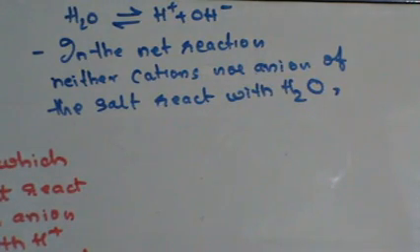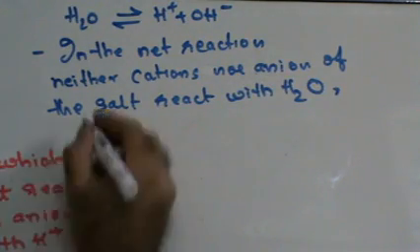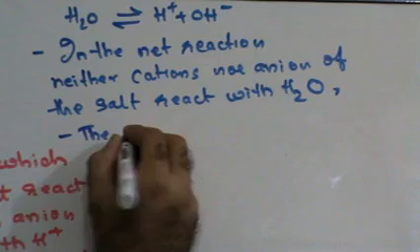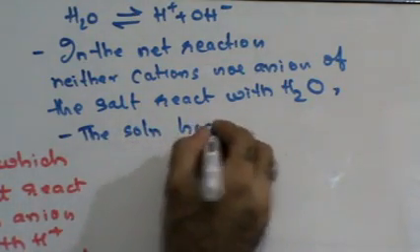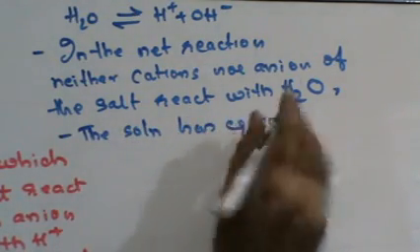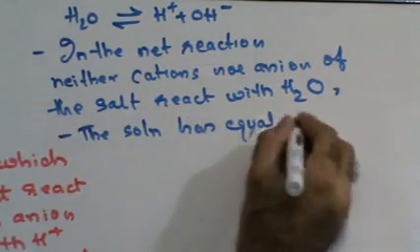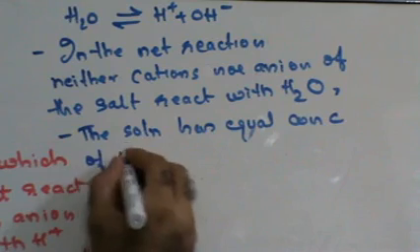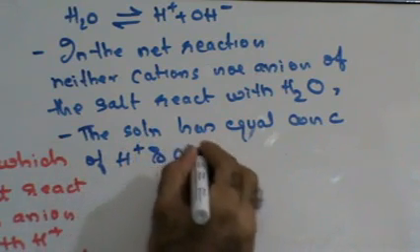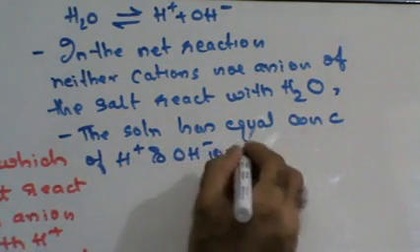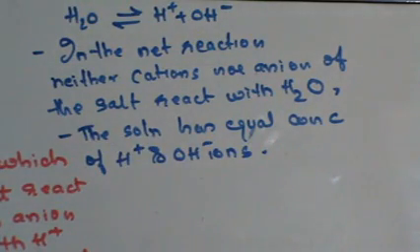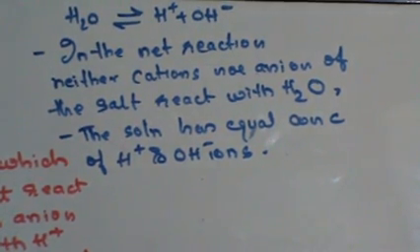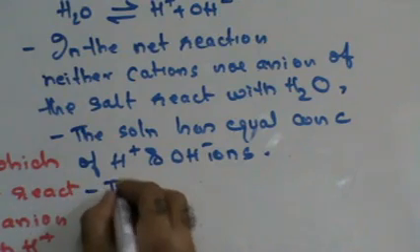Neither do you have anions nor do you have cations. The solution has equal concentration of hydrogen and hydroxyl ions. Therefore, this is a neutral solution having pH 7.